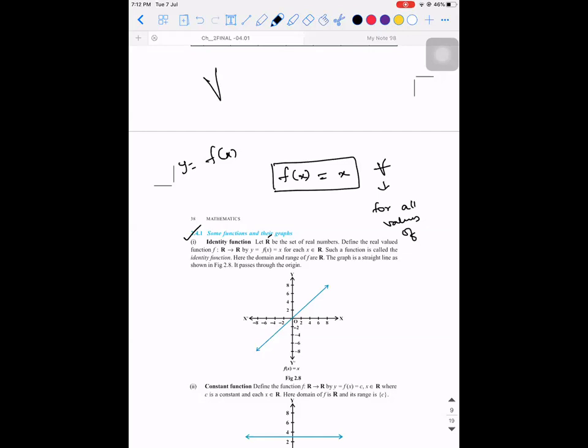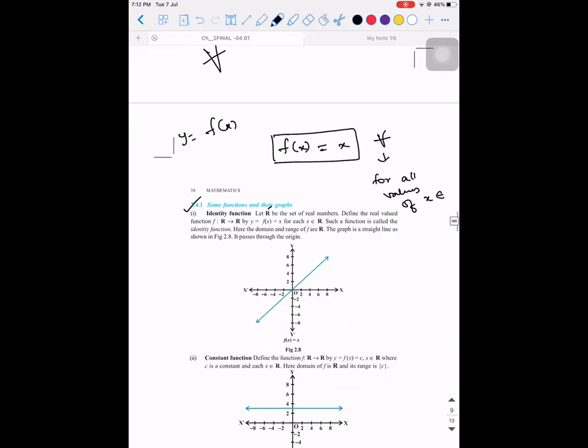For all values of x that belong to R. I am writing it like this. Are you able to understand? So y is equal to f of x, and that f of x is equal to just x.